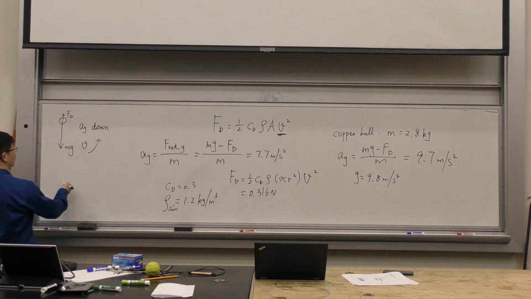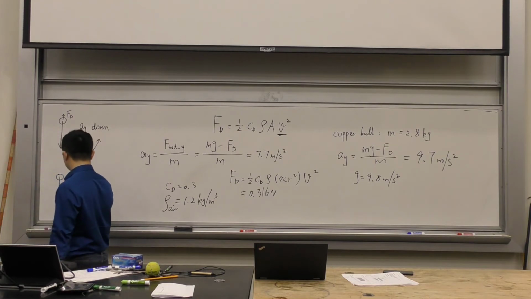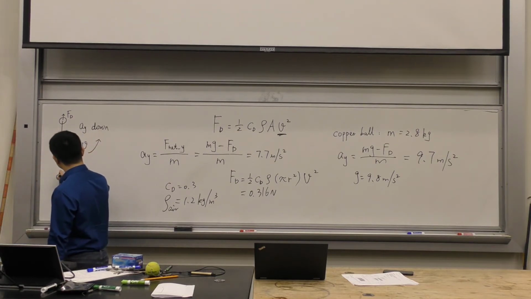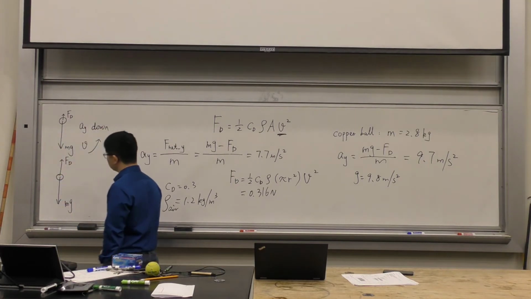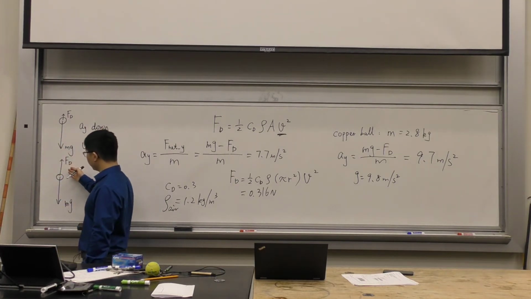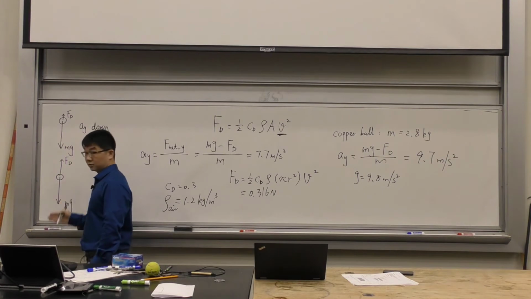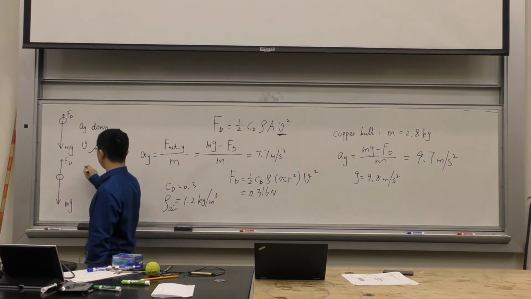So the next second, if you draw the free body diagram, you draw it this way. Gravity is still down. Air drag is going to get a little bit larger. But still, at the very beginning, the air drag is still going to be less than gravity, right? So it's falling. You still have an acceleration down.